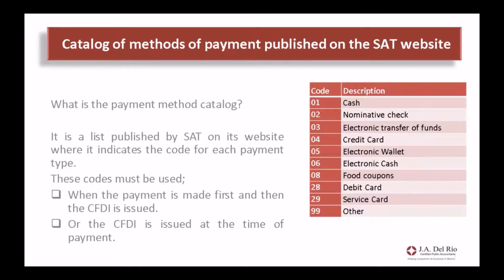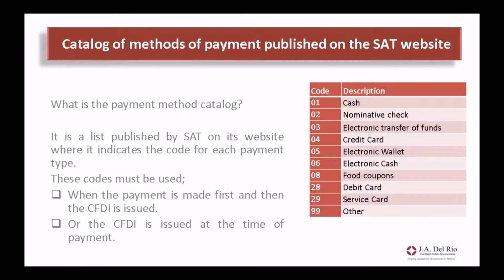And the reason that it will be applicable until July 15 is because this rule obligated taxpayers who fall under the two exceptions. It will obligate those taxpayers to include the exact method of payment according to a catalog that will be released by the authorities.